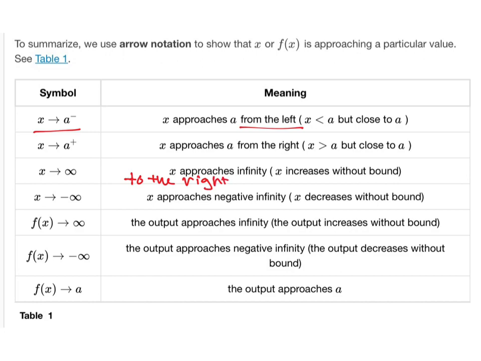What about as x approaches negative infinity? Where does that go? To the left. F of x approaches infinity. Where does that go? Up. Good. F of x approaches negative infinity. Where does that go? Down.